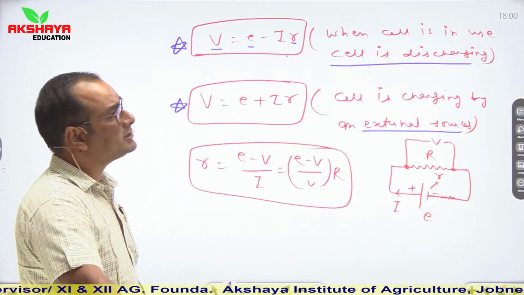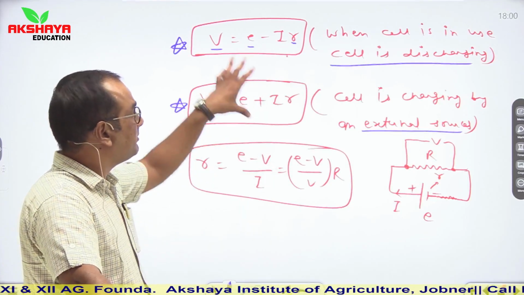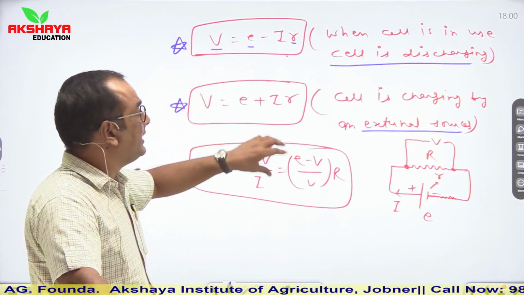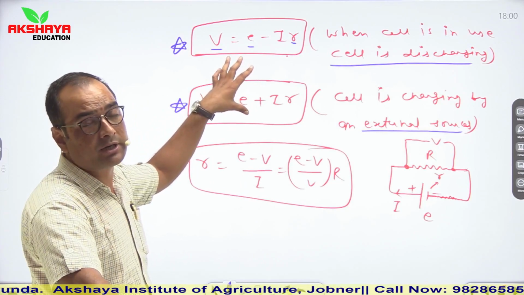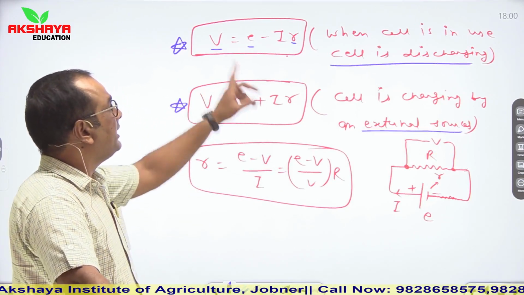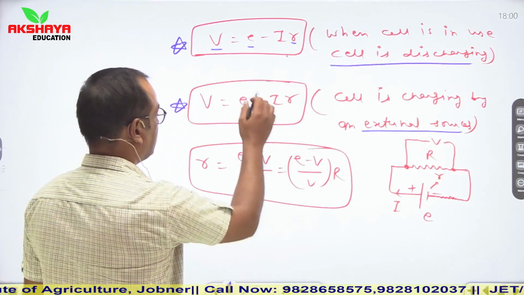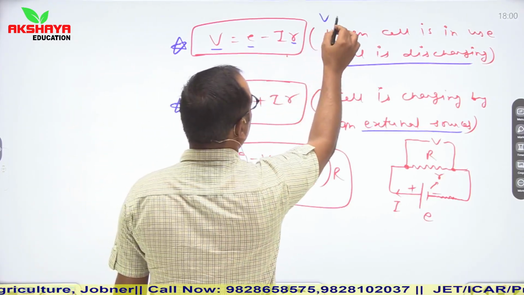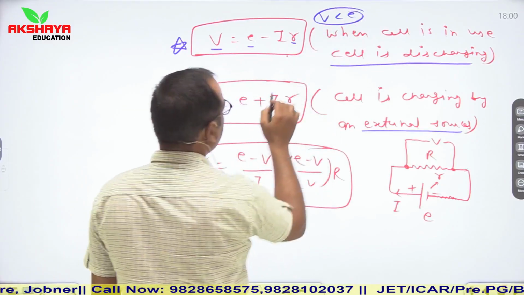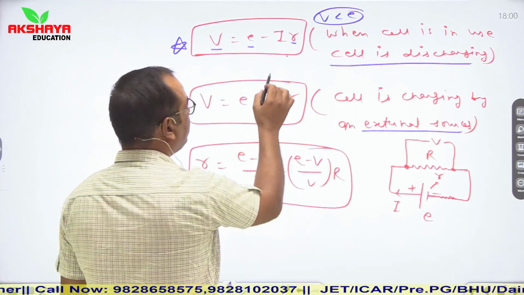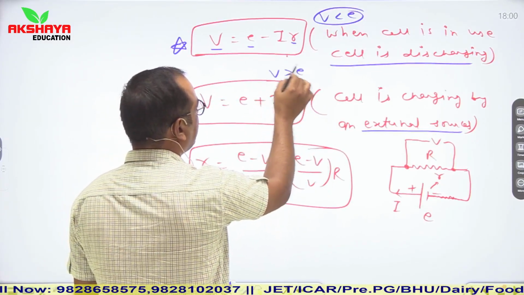So these are two relations, and questions can be asked based on both the relations. Direct relations can also be asked in your competitive section. So keep in mind, in case of discharging, potential drop is always less than E. In this case, V is always less than E, and in case of charging, V is always greater than E.